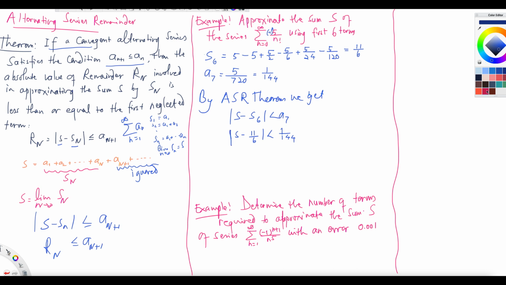Okay, now how do I simplify this? Do you guys know this? If you have, for example, the absolute value of x minus 2 is less than 5, to get rid of this absolute value, we write it like this: negative 5 is less than x minus 2 is less than positive 5.